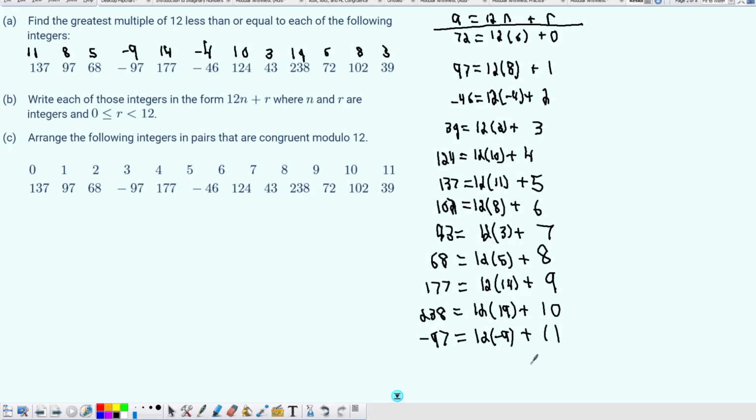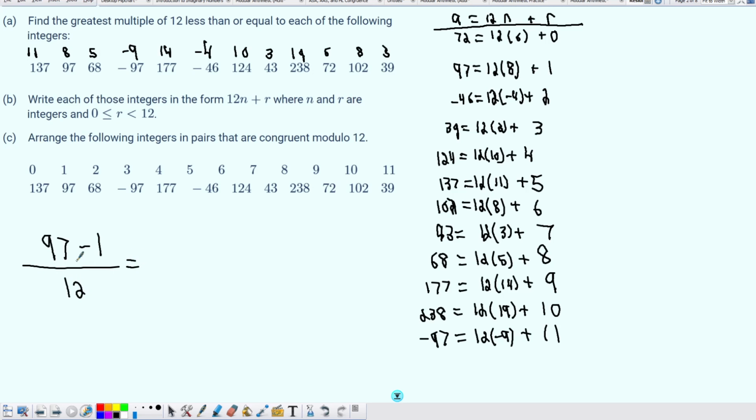Or we have that system where, let's say, I'm going to take 97 for instance. 97 minus the number I think it's going to be congruent with, which is going to be a 1 in this case, since that's my remainder, over 12.